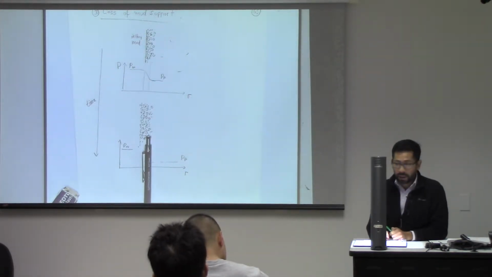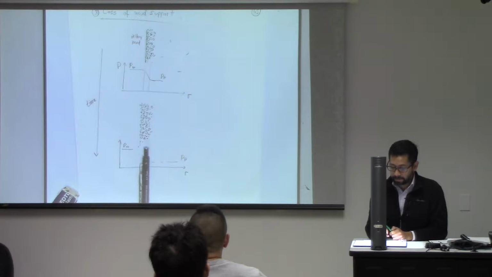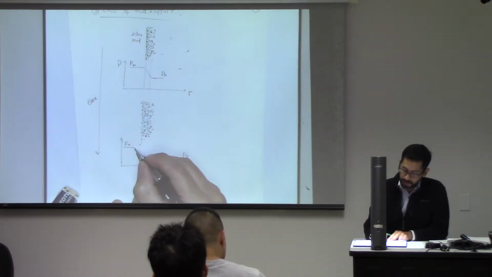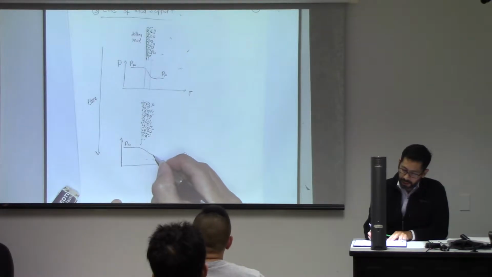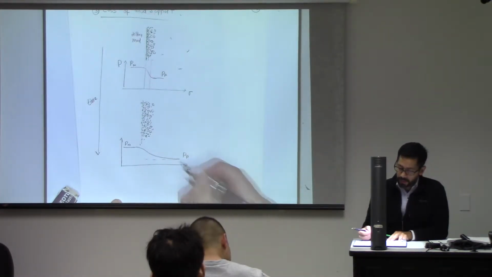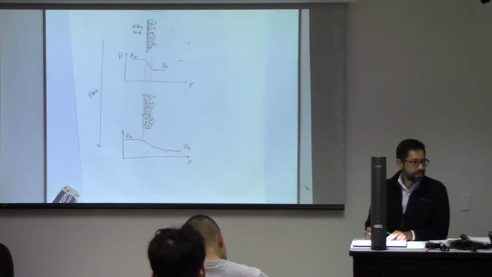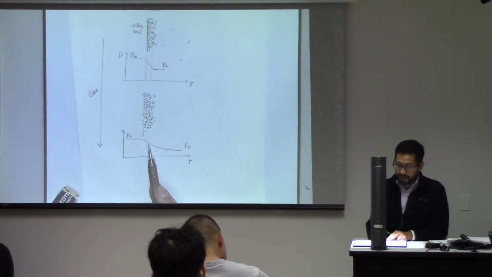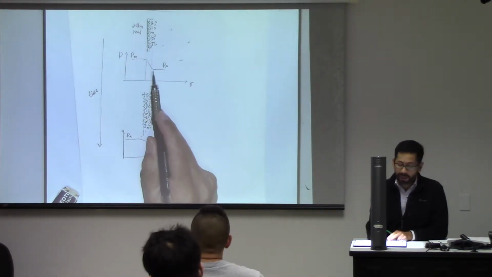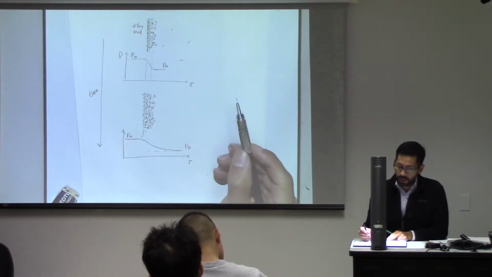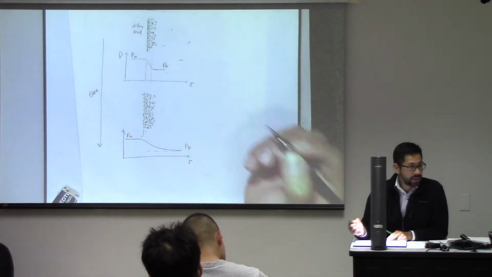If you lose this mud cake, if you lose that low permeability barrier, now your gradient is not going to be as sharp as before, and you might have a more gradual transition between the wellbore pressure and the pore pressure. And because of that, now at the wall of the wellbore, you cannot consider that your support was this much.